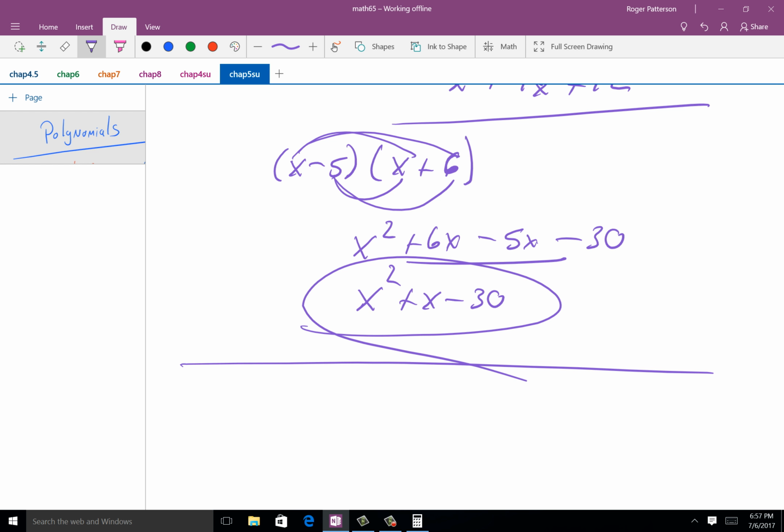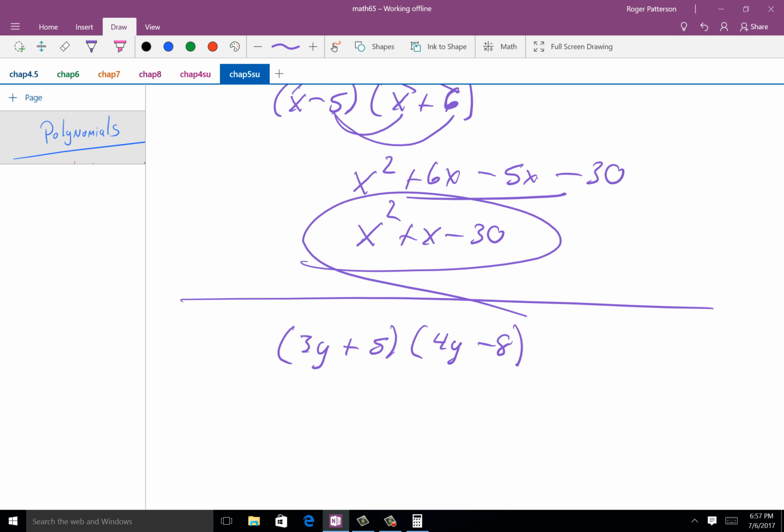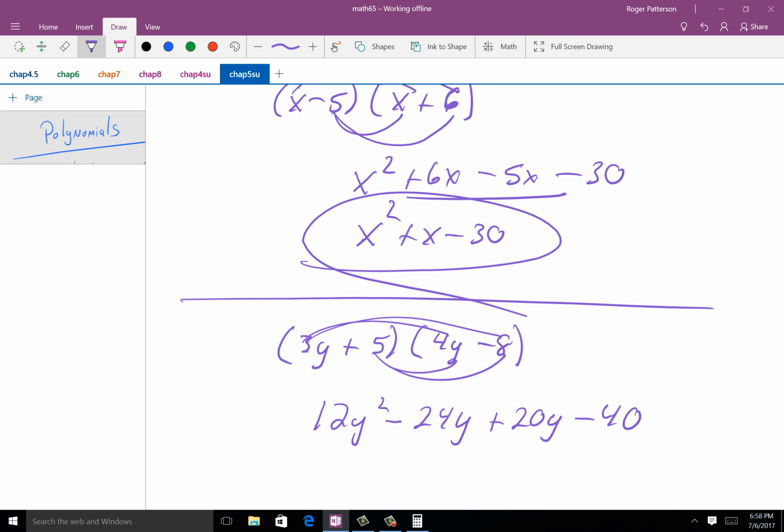More FOILing. We'll beef it up a little bit. Throw some y's in here. Okay, again, FOIL. 12y squared minus 24y plus 20y minus 40.